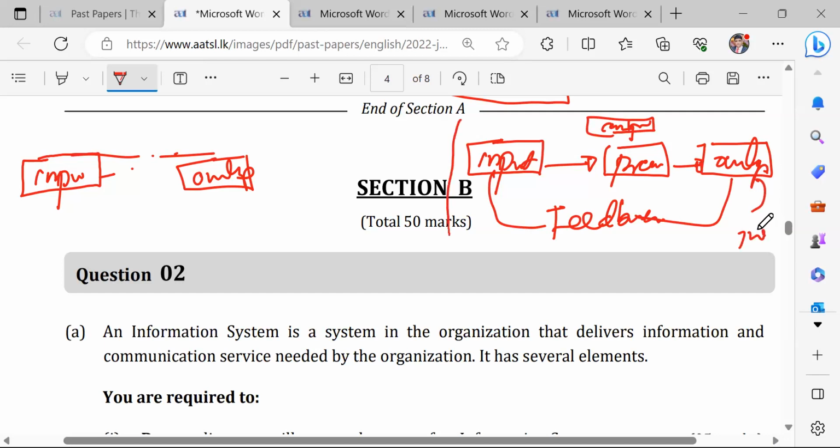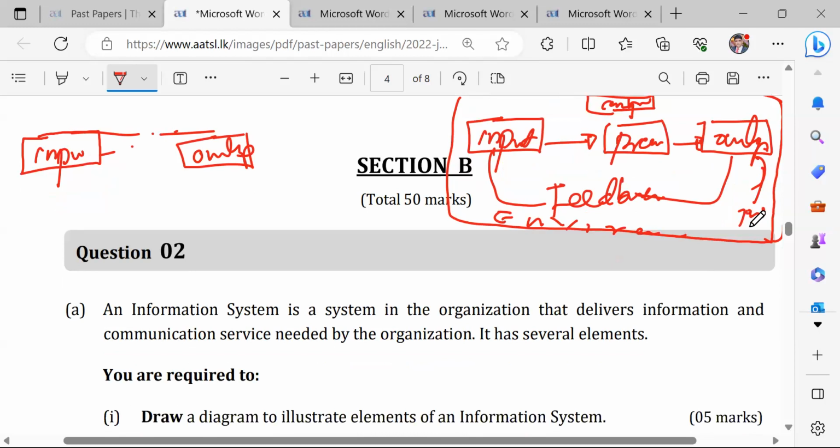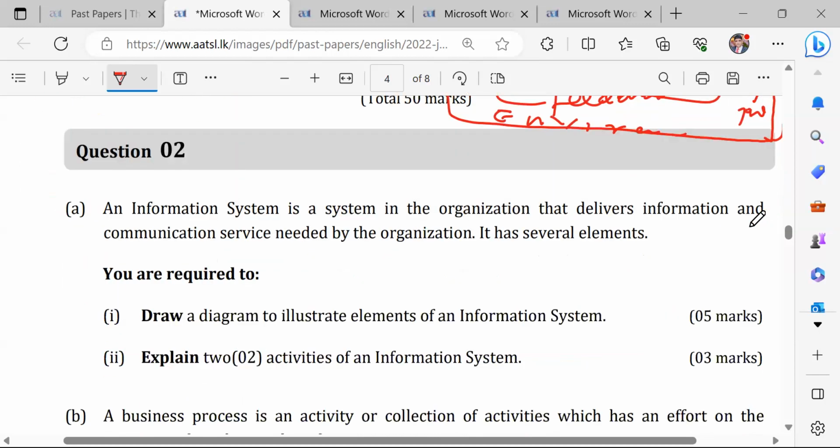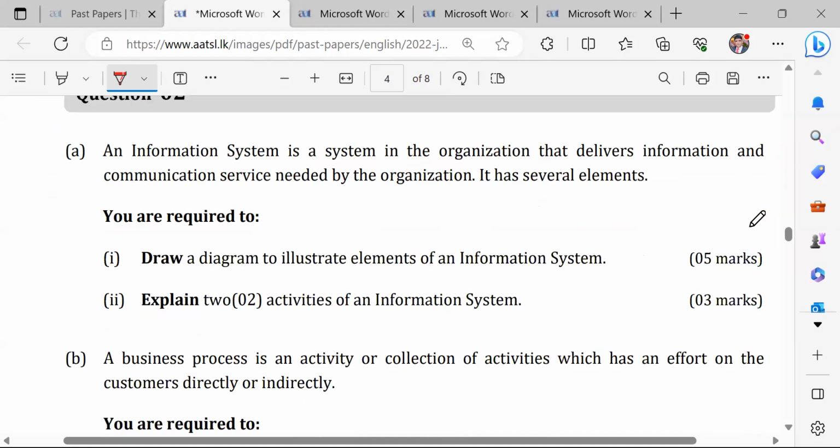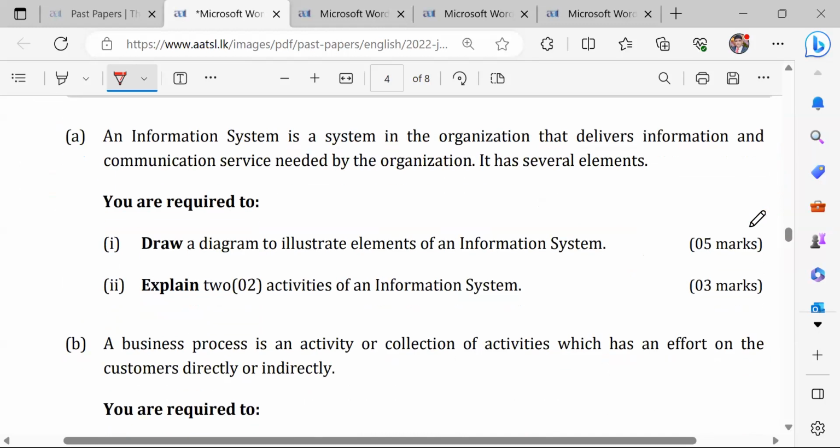You have to draw the system boundary with the system limit, and this is the system environment. So all are included in the environment: input to process, process to output, then the feedback, control. Then if you have marked some interfaces, that is fine. This is the block diagram of an information system. This is in the study pack. Also, if you are in vLearning, I have uploaded this in my tutorial too. I have provided some tutorials there.